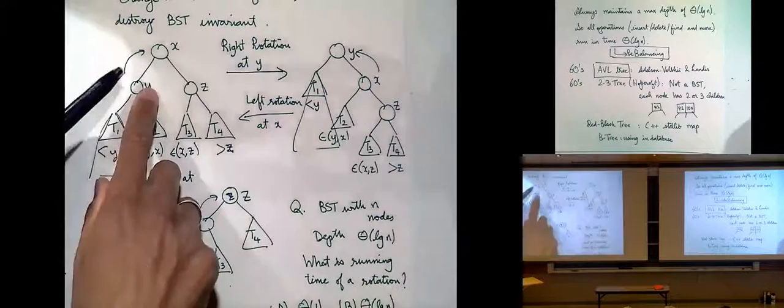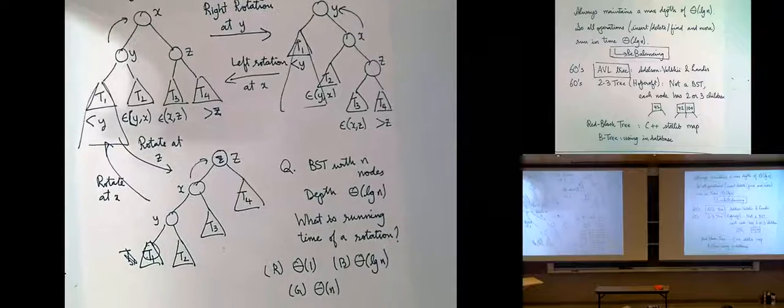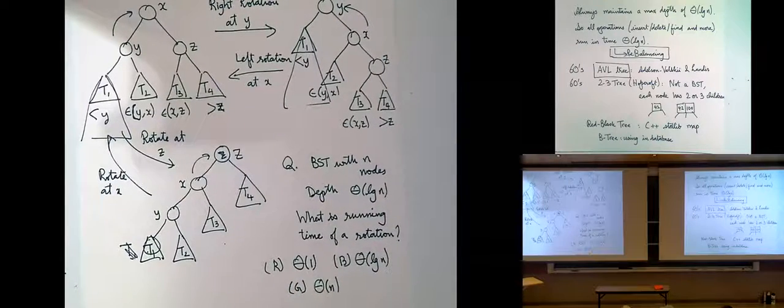Yes, assume that you have pointers to all of these nodes, and you have parent pointers as well. You have pointers to everything over here. How long does it take to rotate? Is it theta of 1, theta of log n, or theta of n?